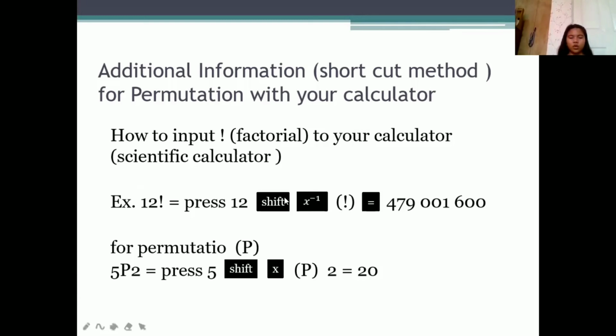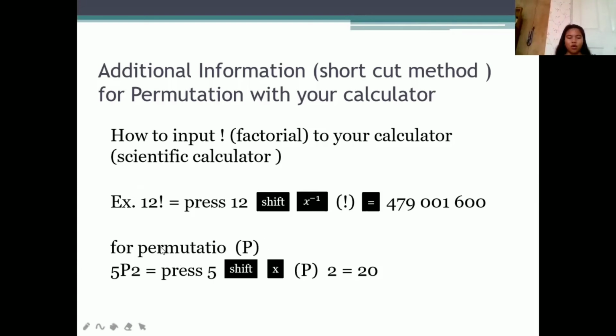When you press shift and x to the power of -1, what appears is factorial. So 12 factorial equals 479,001,600.